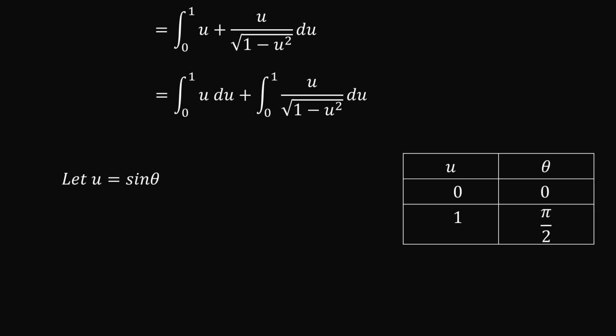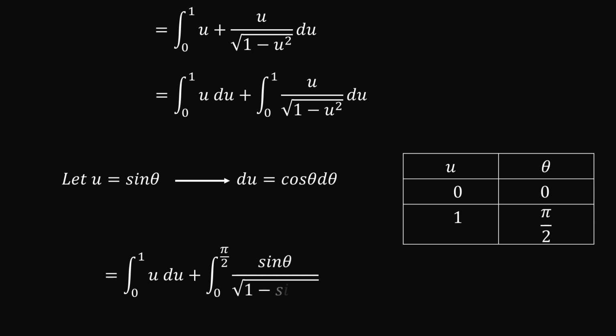When u is equal to 1, theta is pi over 2. Also du is equal to cos theta d theta. The first integral remains the integral of u, and the second one will be sine theta over the square root of 1 minus sine squared theta, times cos theta d theta in place of du.